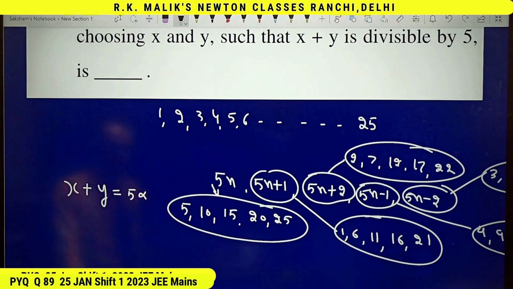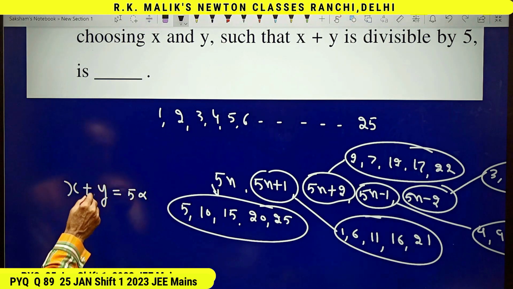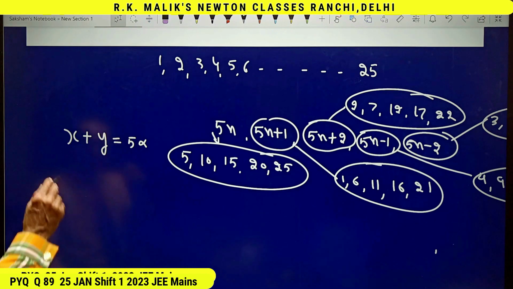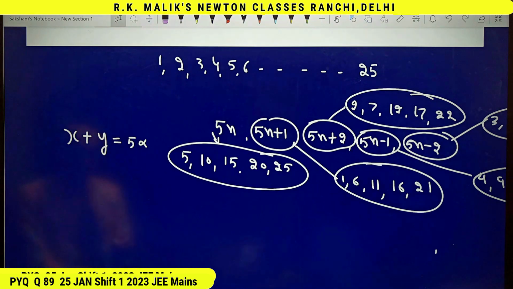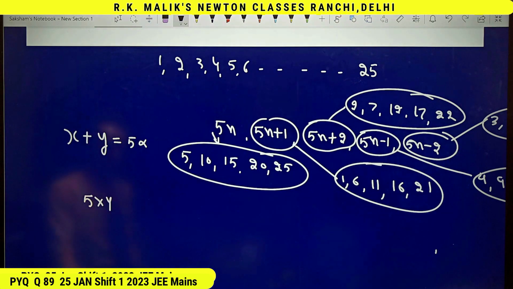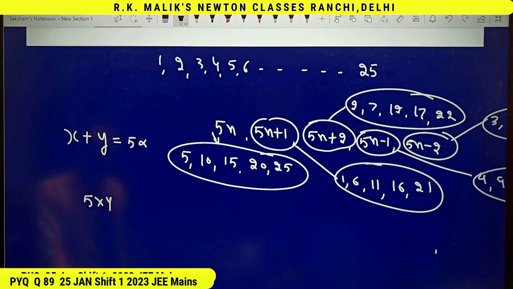Then the sum will be again multiple of 5. If x is in the form of 5n plus 2, then y should be in the form of 5n minus 2. Then again sum will be multiple of 5. And note that when x and y are both of same form, then the number of cases are 5 into 4, not 5 into 5, because it is given that x and y are distinct.